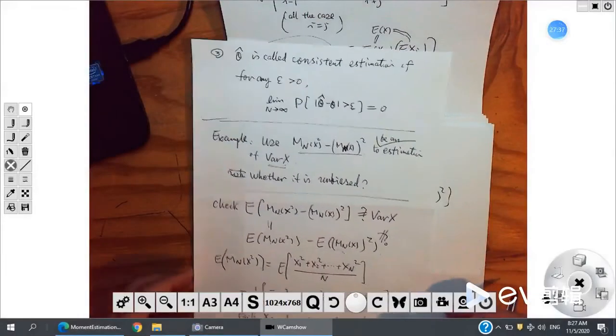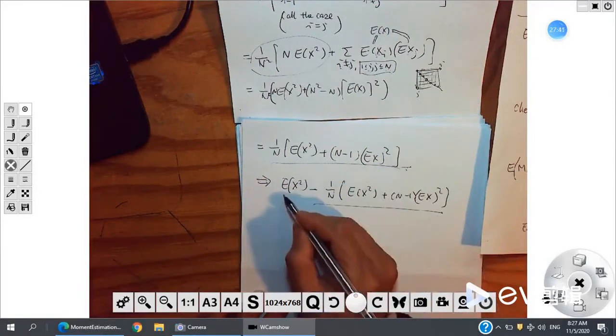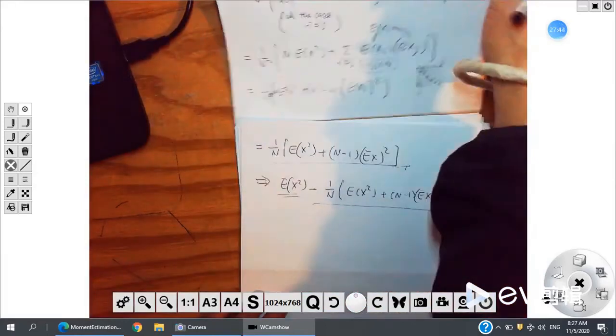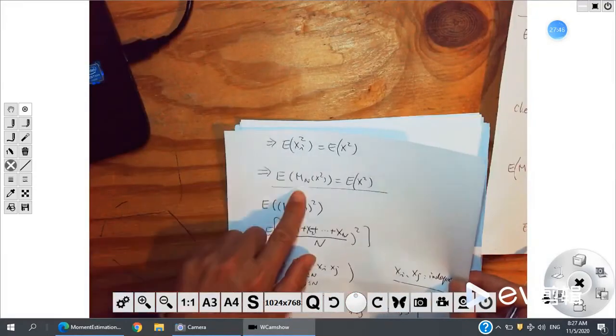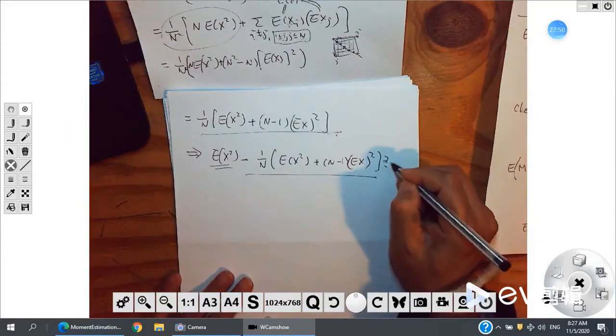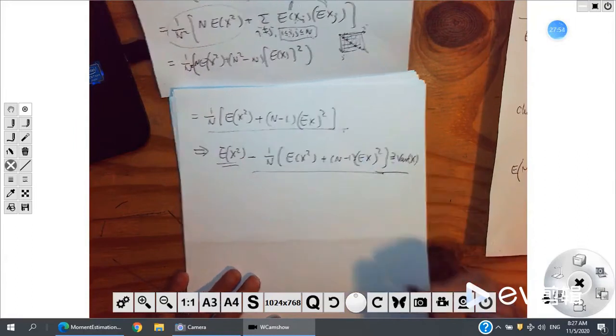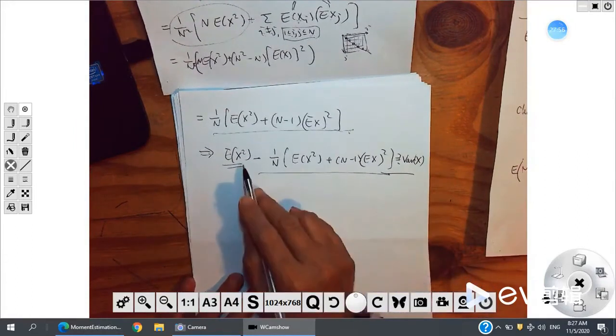We want to check whether this equals the variance of x. We check this one, then simplify these two.